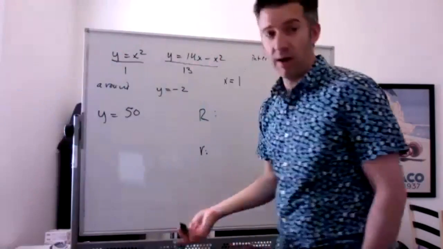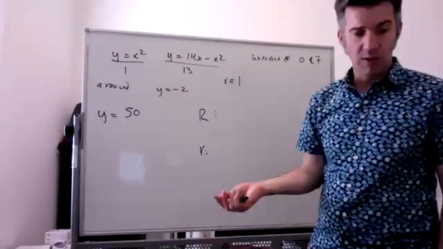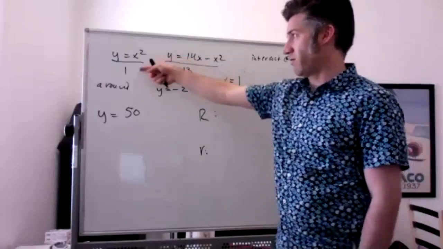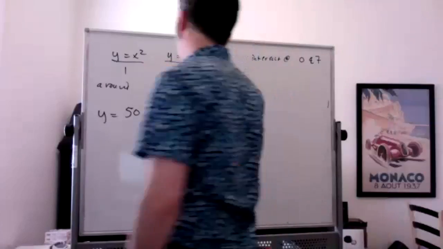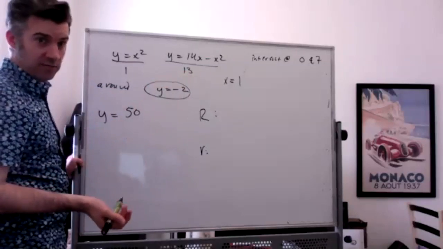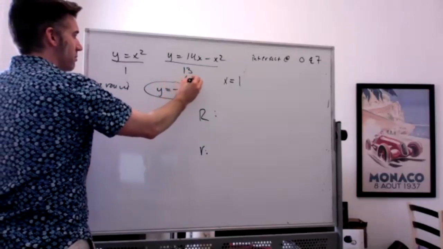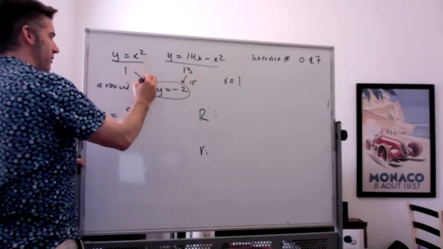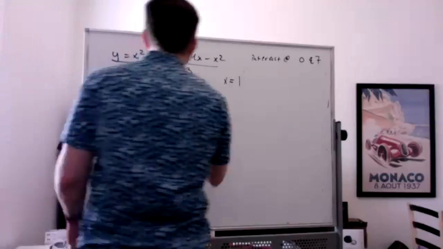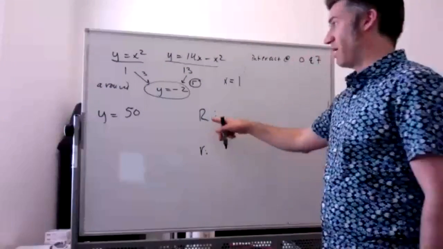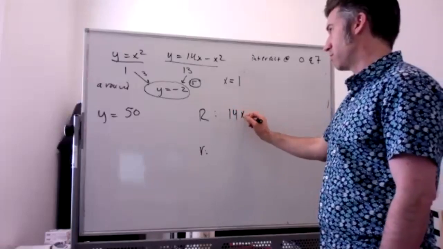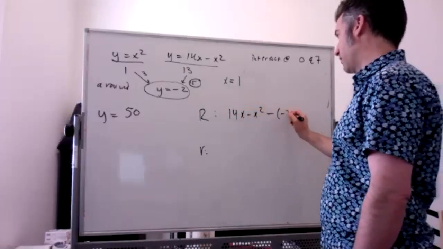But then you have to think about not just which one's bigger, but which one has the bigger difference between it and the axis of rotation. So around y equals -2, 13 minus -2 is 15. 1 minus -2 is 3. This is still the bigger one. So if I was going around y equals -2, my large radius would be the bigger function minus -2.